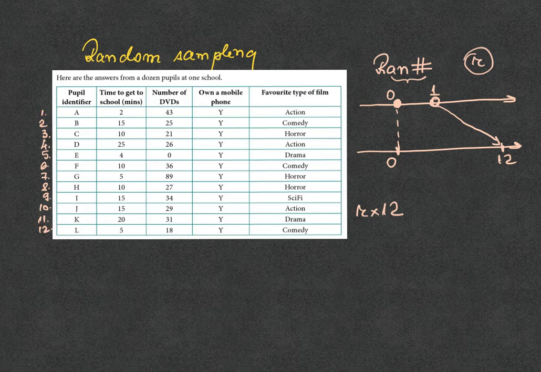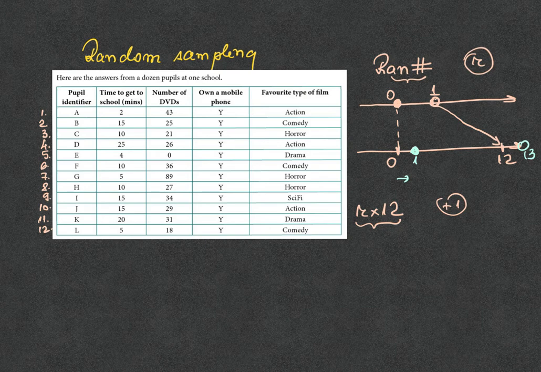So I will take the whole part of this number, ignoring the decimals, and I will add 1, because then the interval 0 to 12, if I add 1, will turn into 1 to 13, with 1 included and 13 not included. And the number that I get will correspond to the element that I pick.